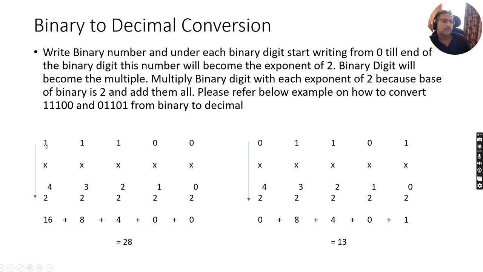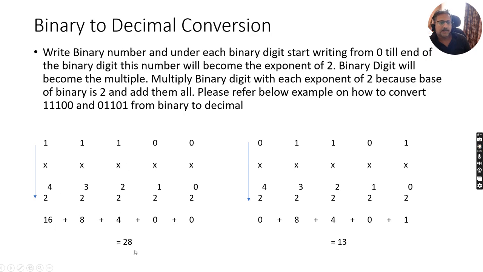You put down the number in binary as you see in the diagram, and below each number you write 2, the base of that system. From right to left, you keep incrementing the exponent of 2, then you multiply each number with its power of 2, and you add it up.